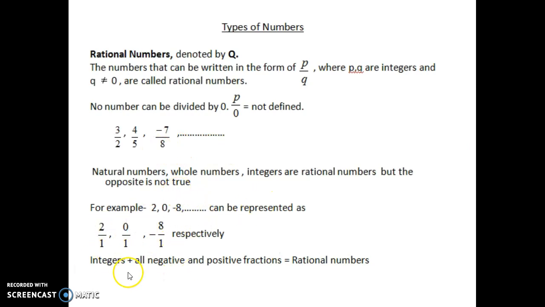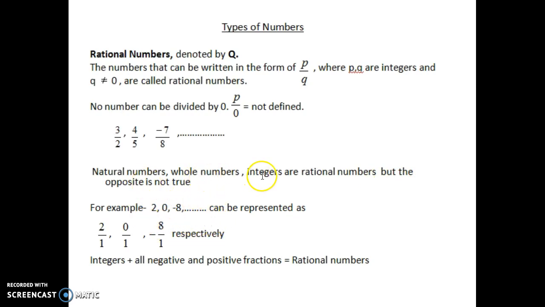We can say that integers along with all negative and positive fractions form the collection of rational numbers. So, we can say that natural numbers, whole numbers, integers are rational numbers, but the opposite is not true. Why so?